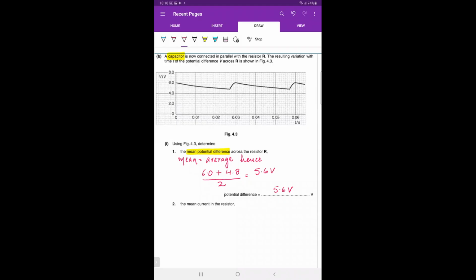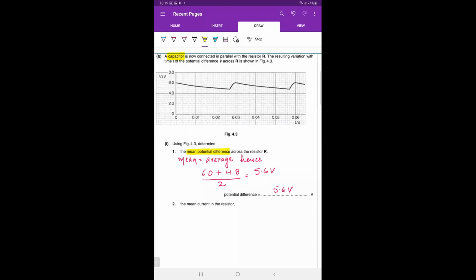I'm just highlighting the two numbers. It starts from 6, I believe, drops down to somewhere close to 4.8. So the two concerned values using which the mean can be worked out. Okay, so the value varies from 6 down to 4.8. So the mean value in this case is 5.6.